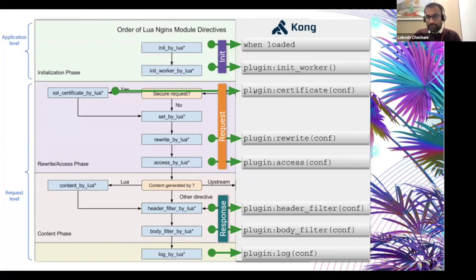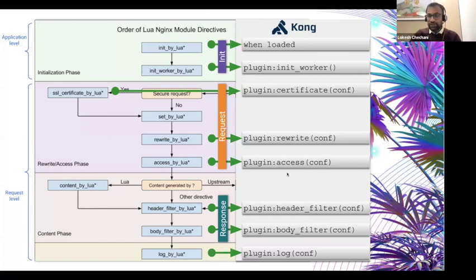And then primarily these three Lua functions are attached to your request lifecycle, meaning while we're processing the inbound request, and the remaining two modules are attached to your response lifecycle, when we are sending the response back to the consumer.